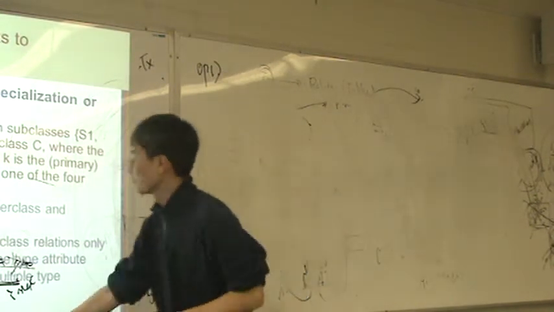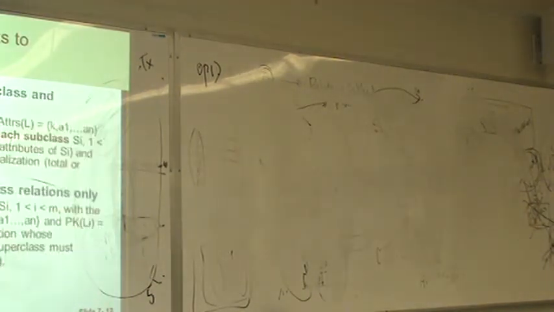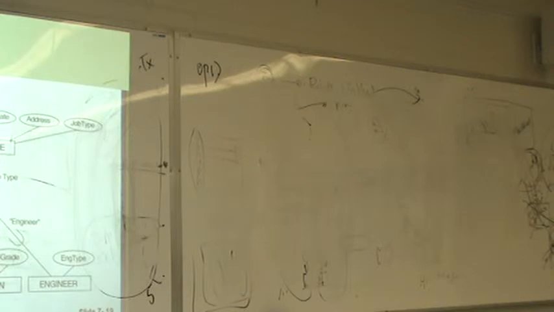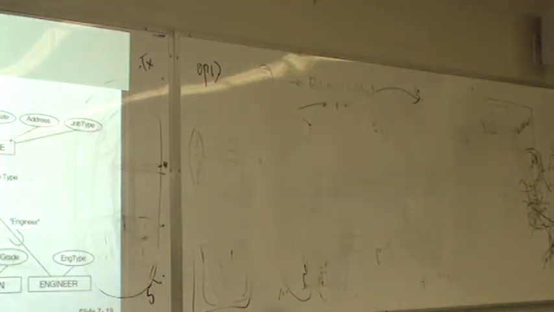is, as you can imagine from this example, how many entities do we have? Don't be confused. This is a super and subclasses. How many subclasses? Three subclasses. How many superclass? One superclass.